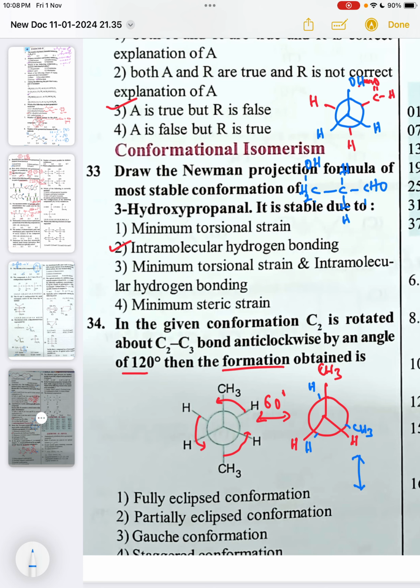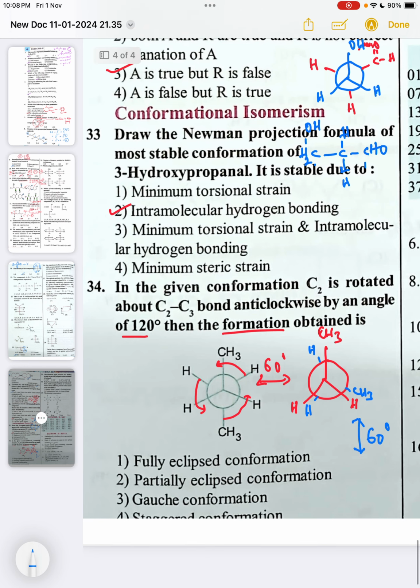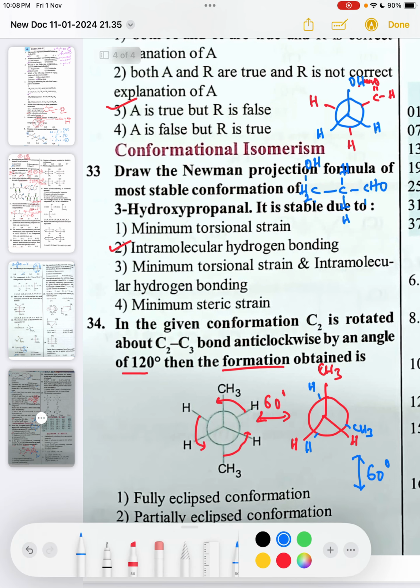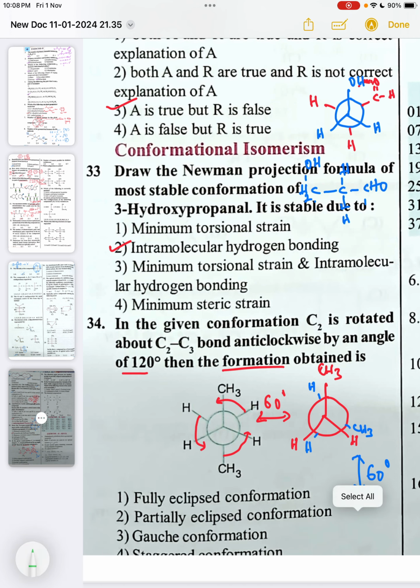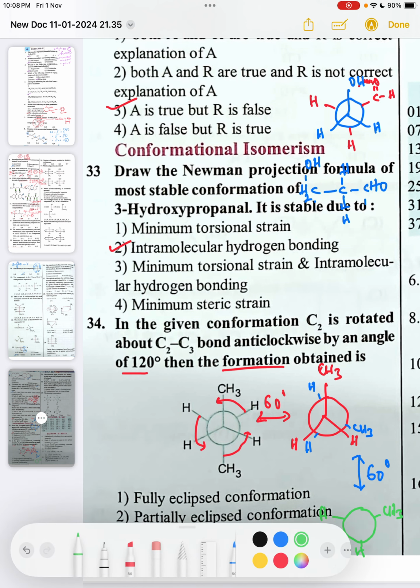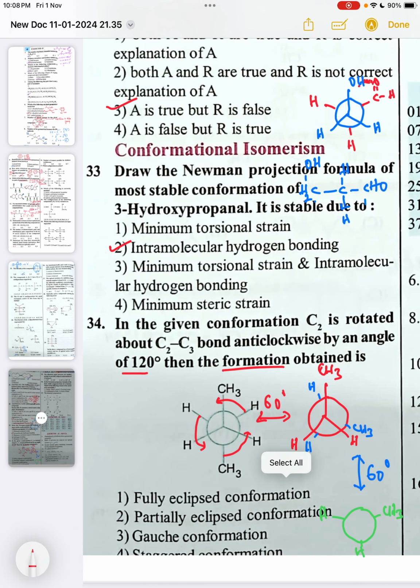Again 60 degrees, because 120 is said. If you rotate another 60 degrees, then here CH3 will come, here H will come, here H will come, whereas the front carbon is as it is, because we are rotating the backside carbon.